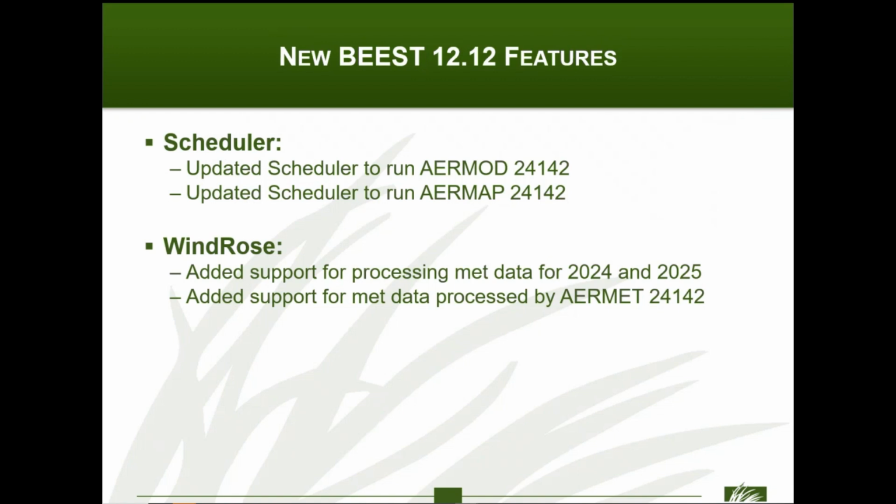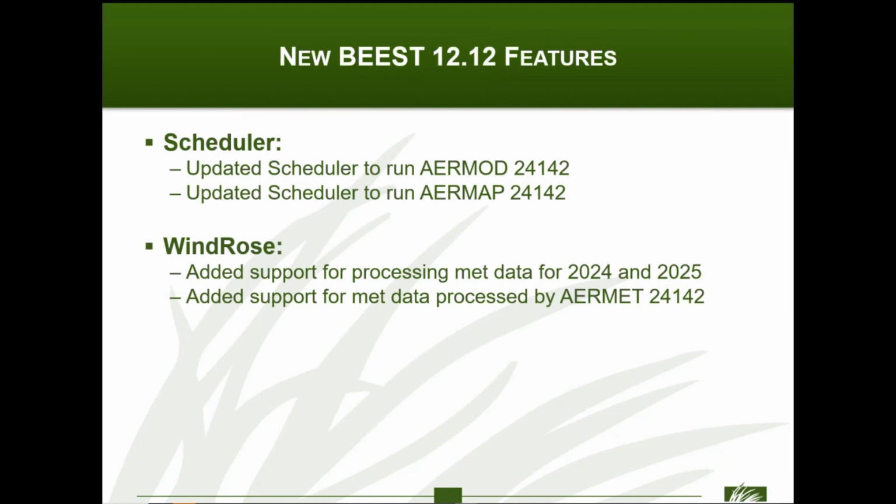And in closing, a couple of other little things have been updated in BEST. The scheduler, which you use to run batch files, has been updated to run AirMod 24142, and has also been updated to run AirMap 24142.